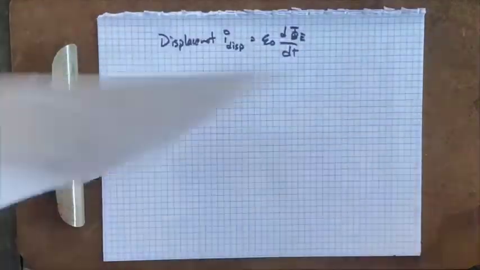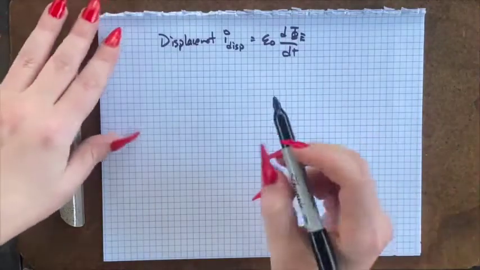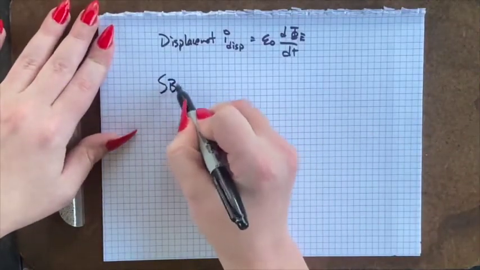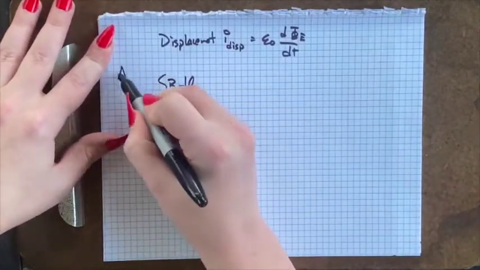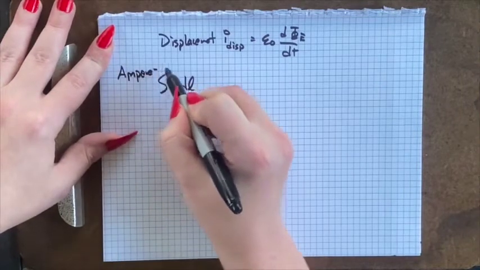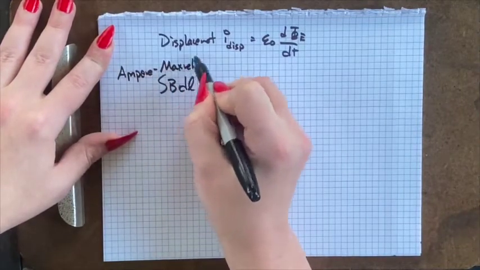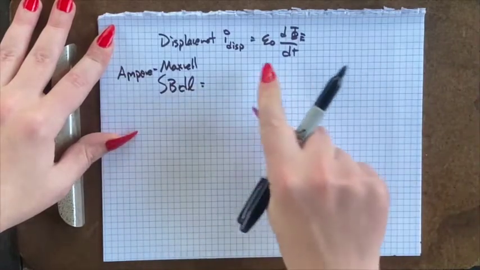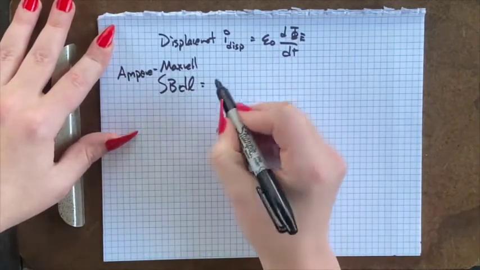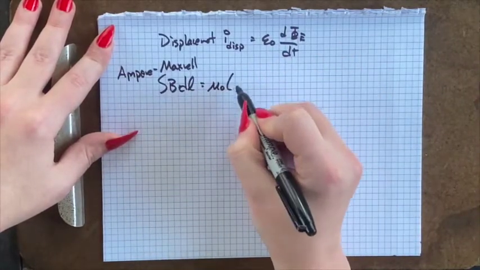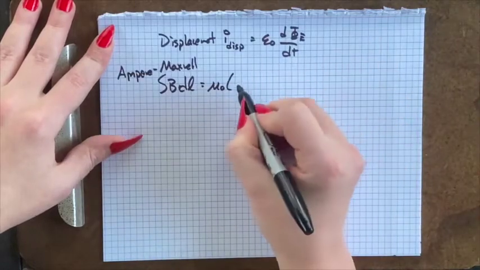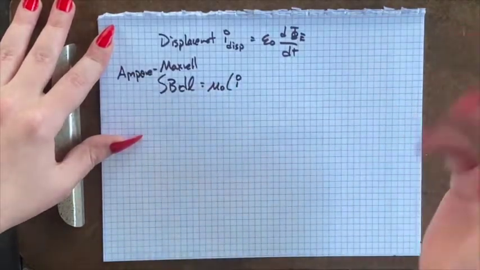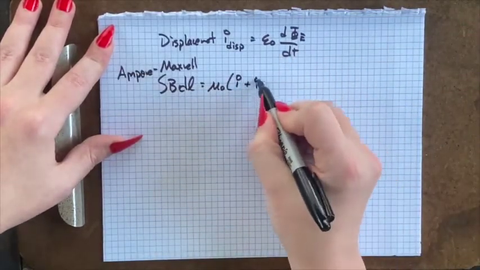So why don't we bring it all together and just fix Ampere's law in the first place? ∮B·dl, and this is now called the Ampere-Maxwell law because it includes Maxwell's important contribution about the capacitor. Let's say this is μ0 times the total current enclosed. That'll be I real, or the actual current from the charges, plus I displaced.